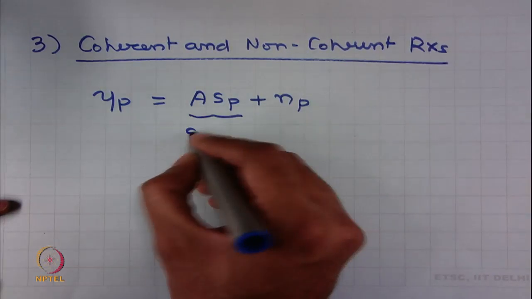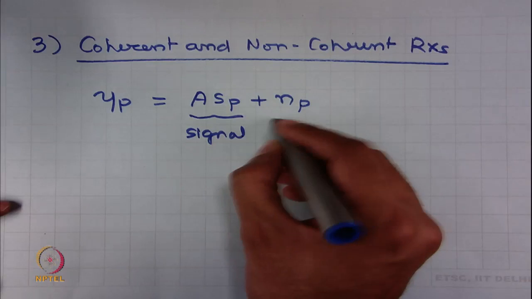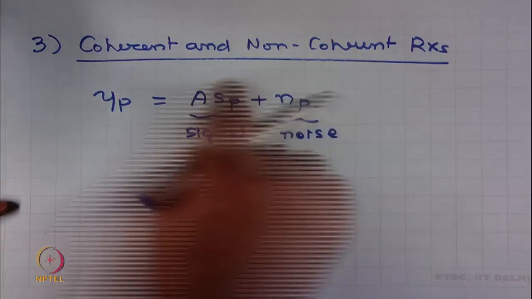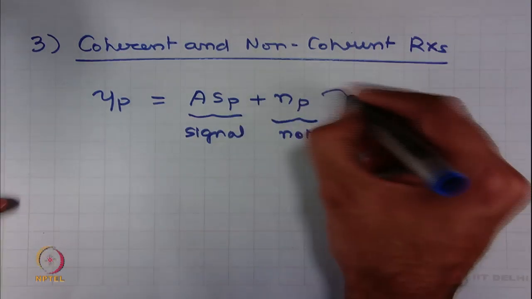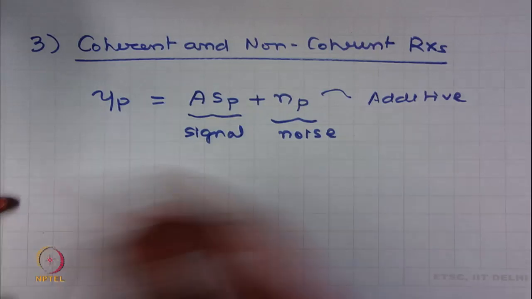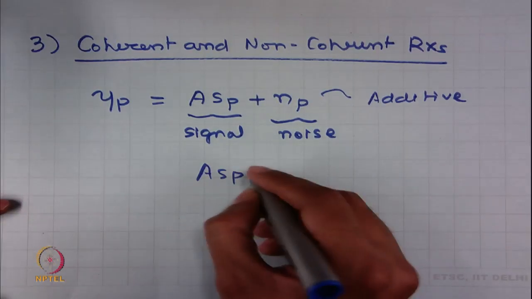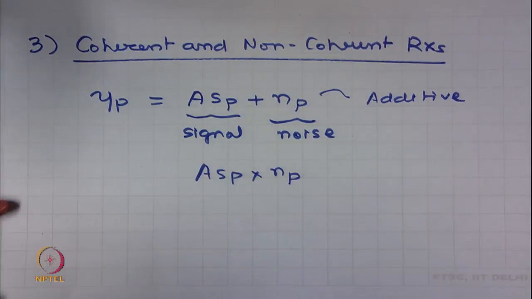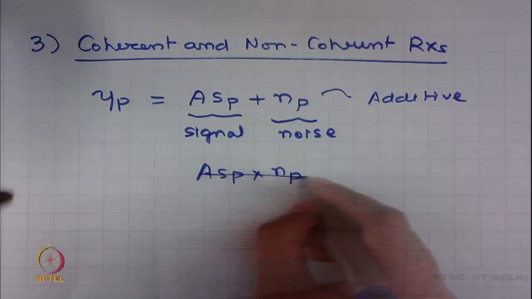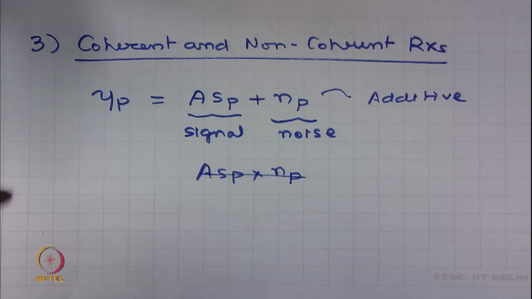So, this is the signal and this is the noise. So, what you would receive is signal plus noise. Noise is adding to the signal and hence this is known as additive noise, right. If noise would have multiplied with the signal, we would have called it multiplicative noise, but noise normally we assume to be additive and not multiplicative.